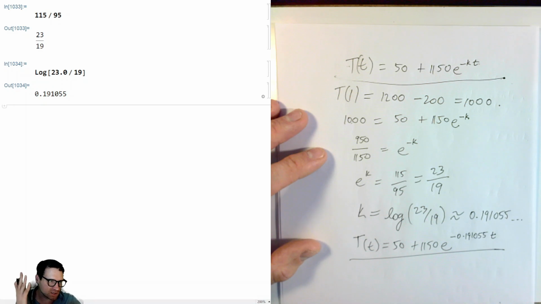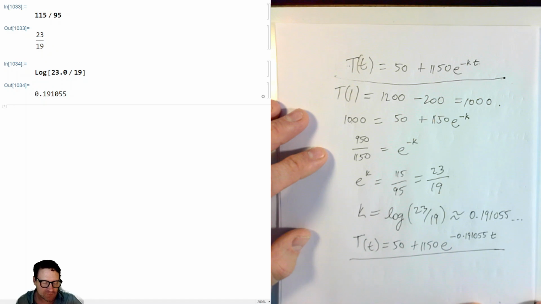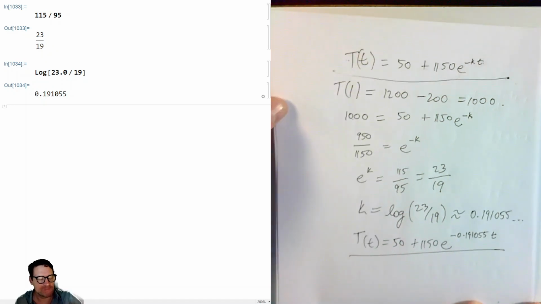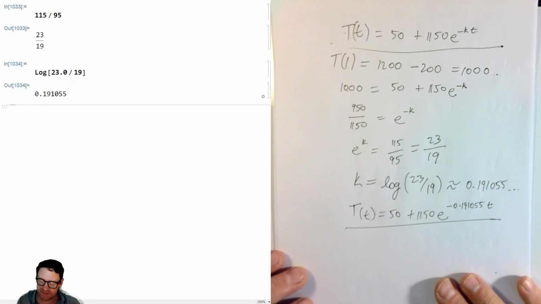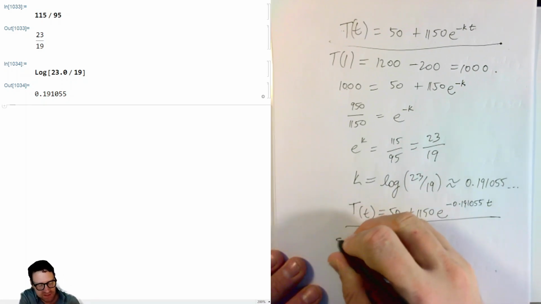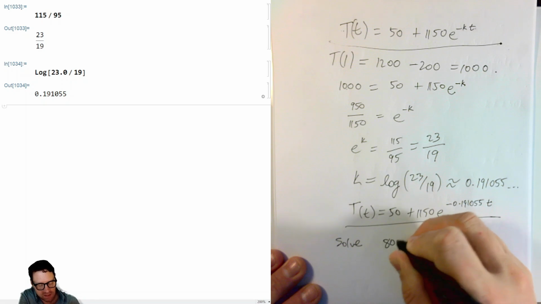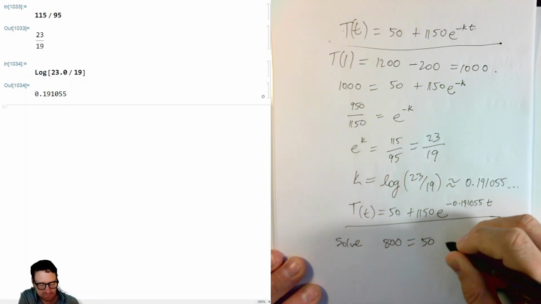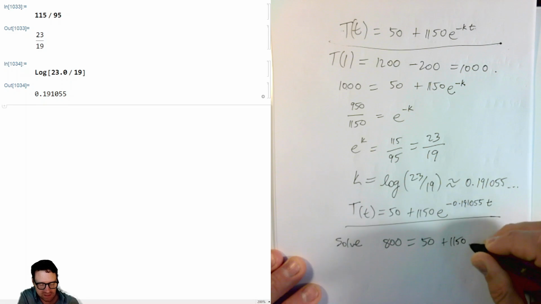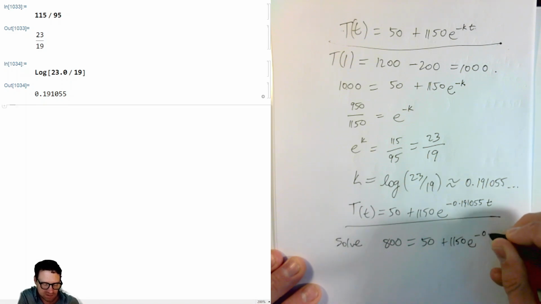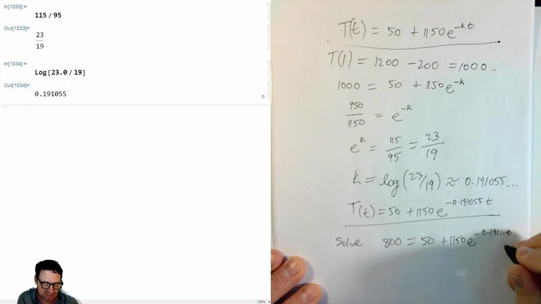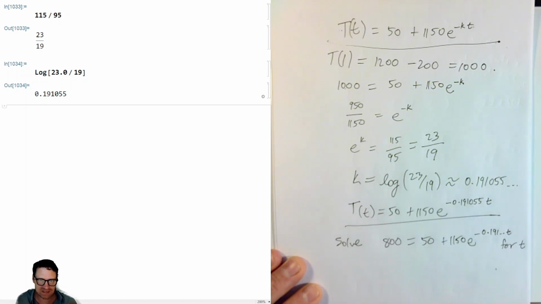And now the last question was, how long does it take for the temperature to drop another 200 degrees? And so that would be to 800 degrees. So we need to solve 800 equals 50 plus 1150 e to the minus 0.191, etc. times t, for t, lowercase t that is.